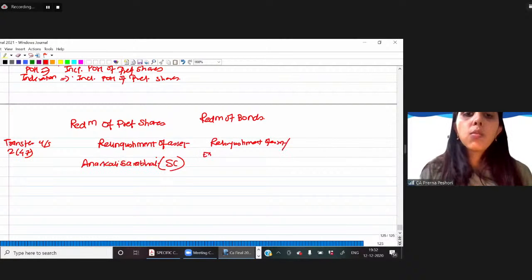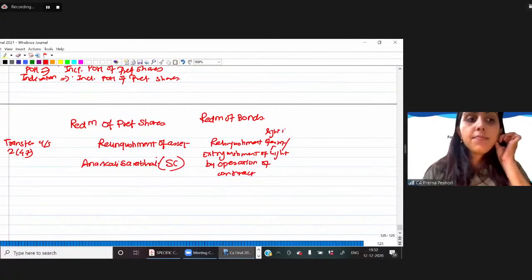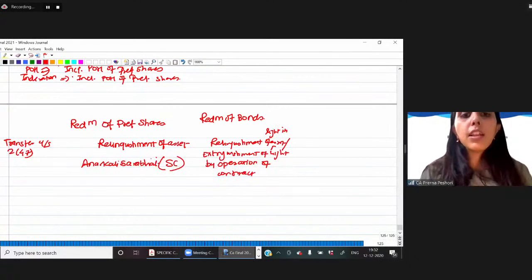extinguishment of a right by operation of contract, relinquishment of a right in asset. Here also it's a relinquishment of not the asset but a right in the asset.